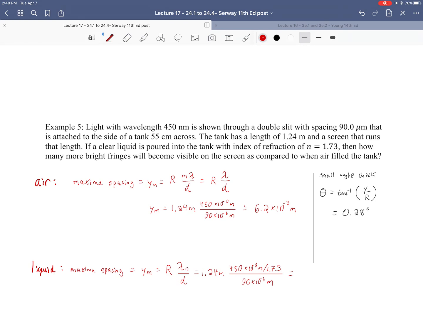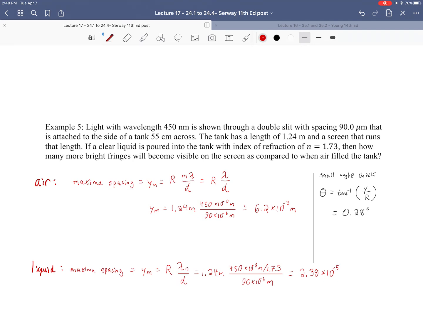Because at 450 nanometers we can see it, at 260 we can't see it. That's light with too short of a wavelength. All right. And so that all looks good. So then the spacing is 2.38 times 10 to the negative 5.